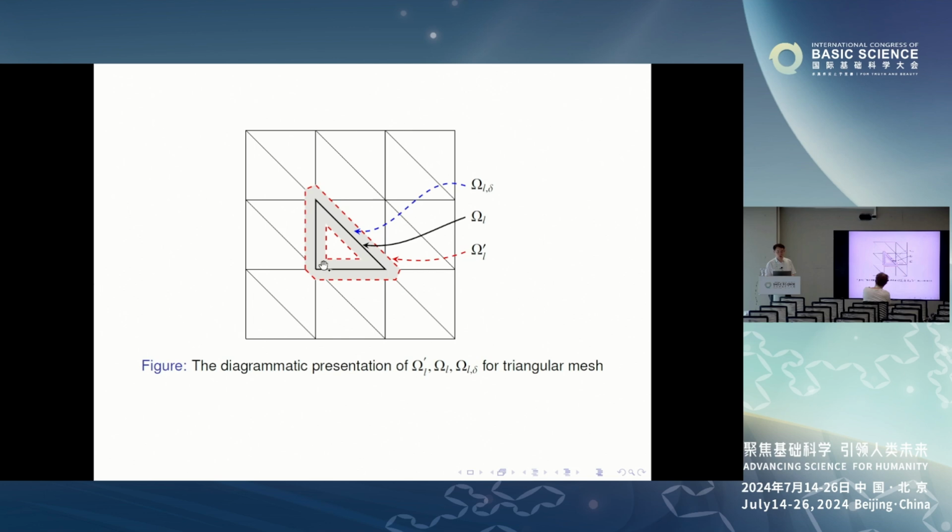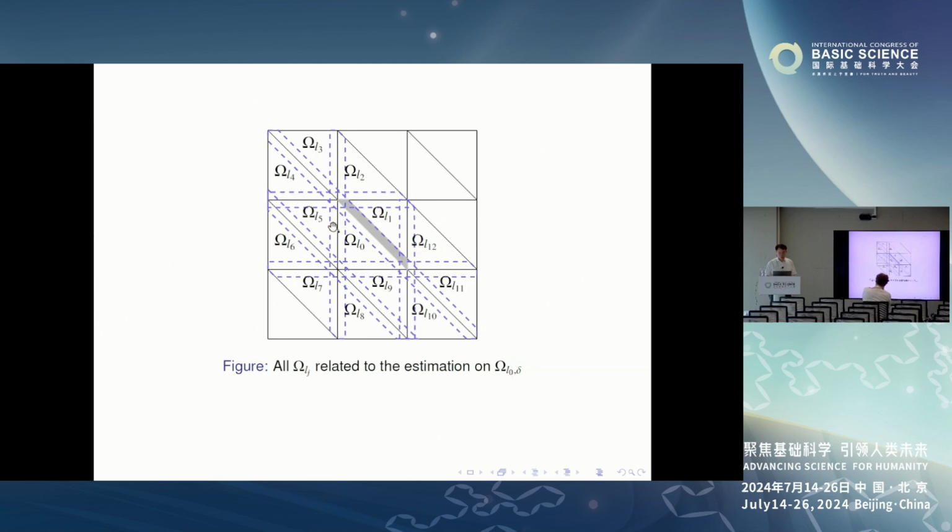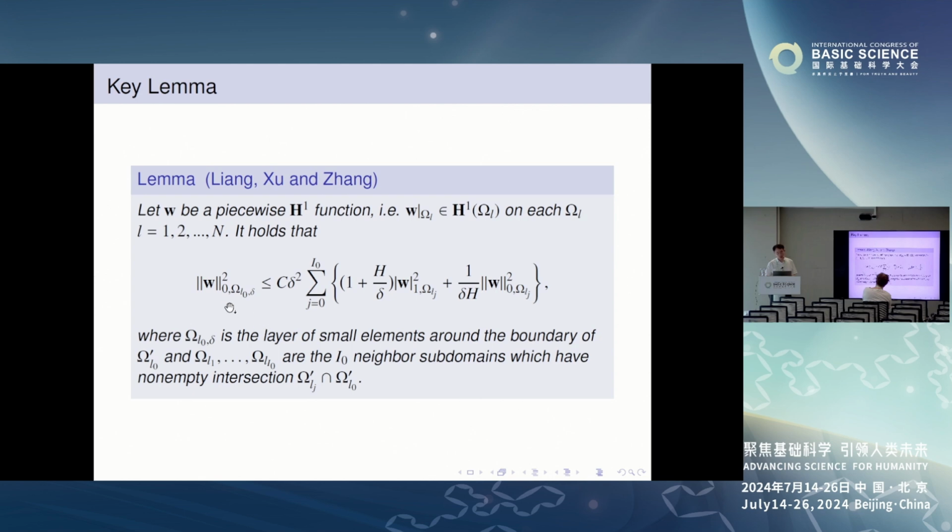We can prove for one omega L delta that it has an upper bound like this, controlled by the H1 norm and L2 norms like this. So this is the sum from J equal to 0 to I0. The I0 is the number of neighbor subdomains which have nonempty intersection, like this.